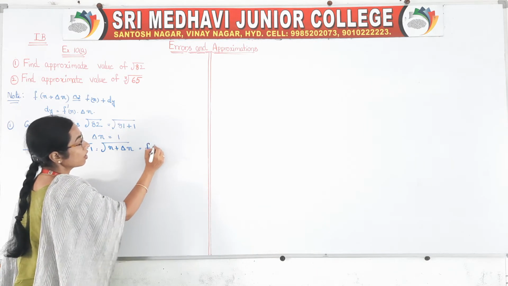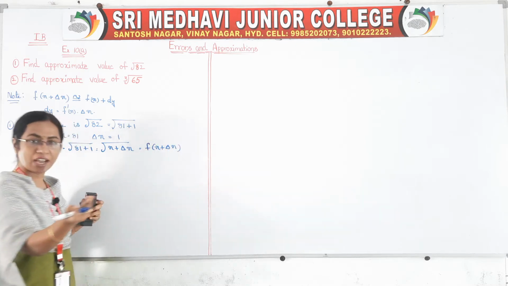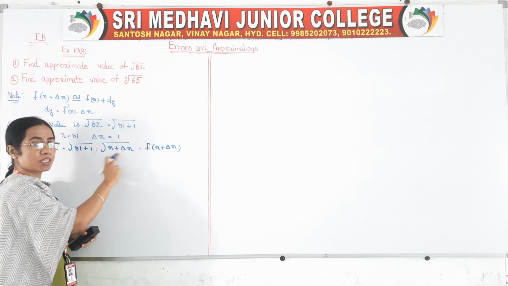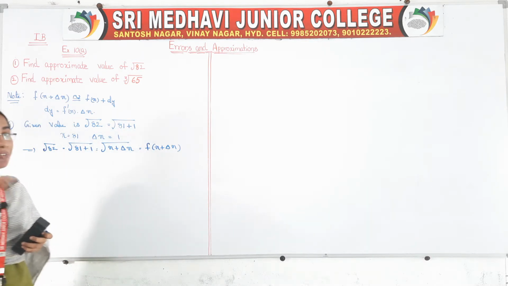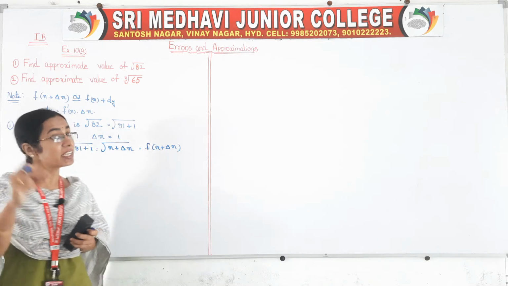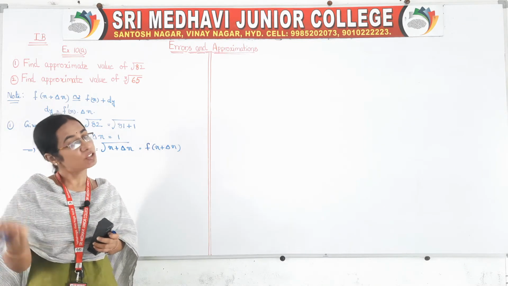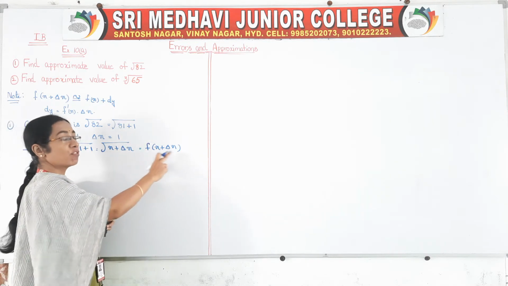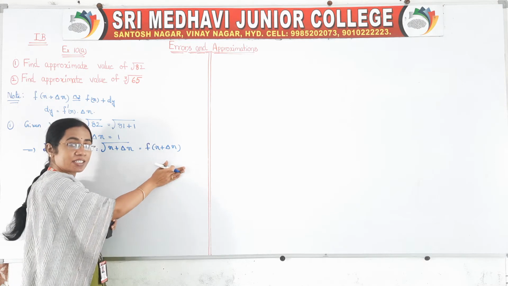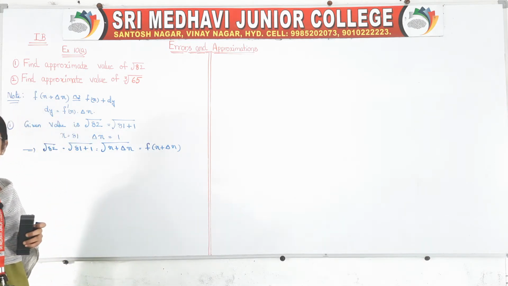So this is your f of x plus delta x. Any equation in terms of x we call f of x, so any equation in terms of x plus delta x is nothing but f of x plus delta x. Is it clear?